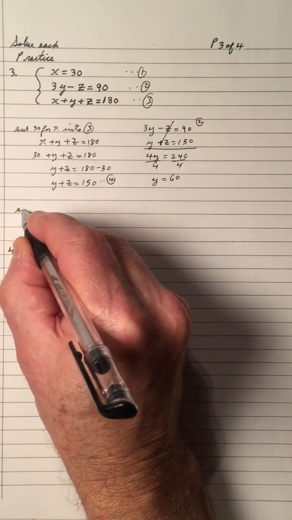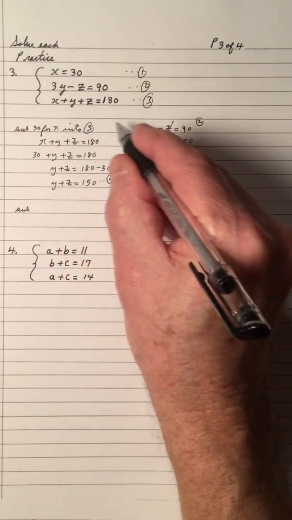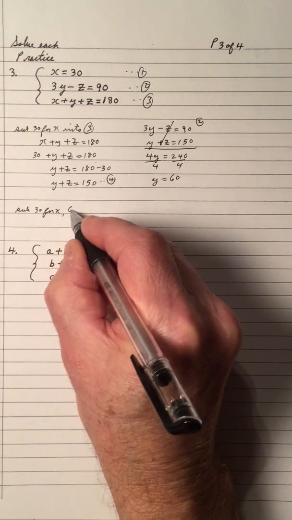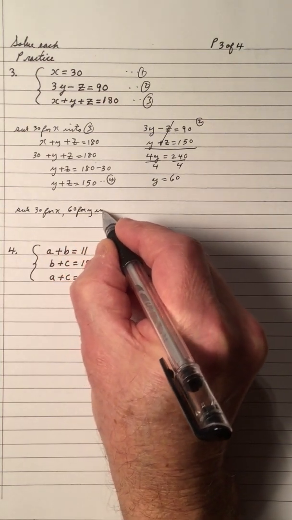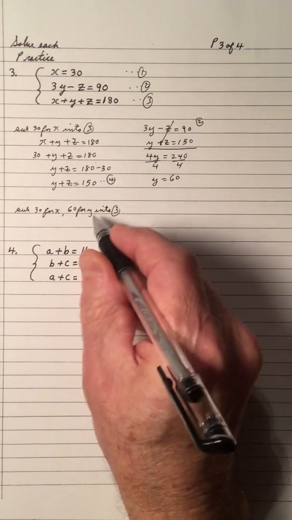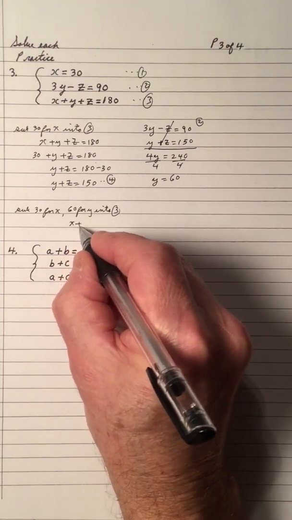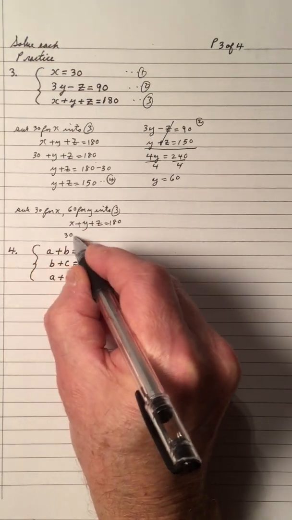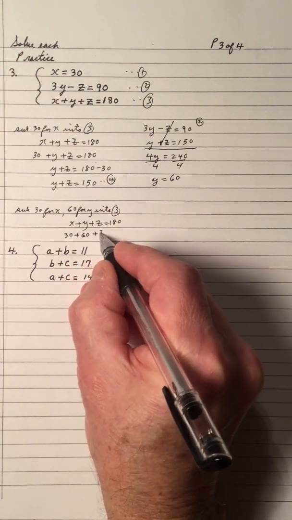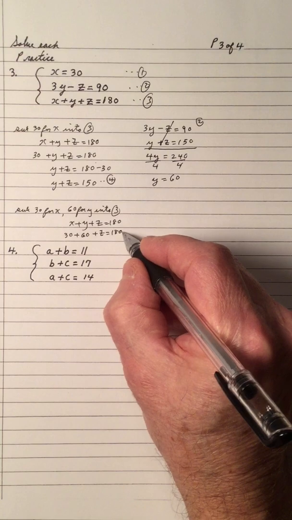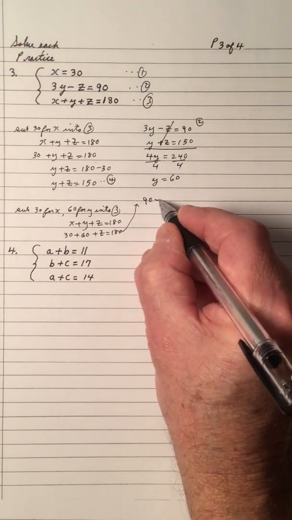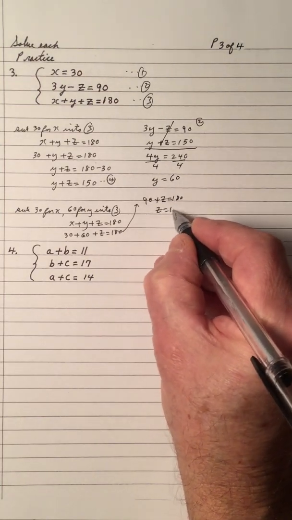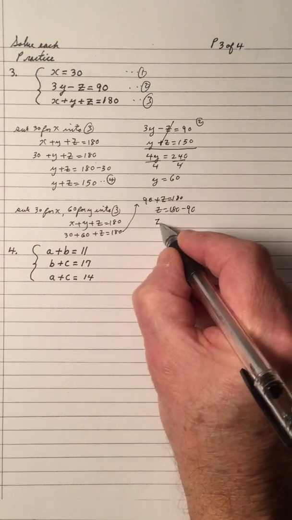So if I sub 30 for x and 60 for y into number 3, then I have x plus y plus z is 180, and x is 30, y is 60, and that adds up to 90 plus z is 180. So z is 180 minus the 90, so z is 90.